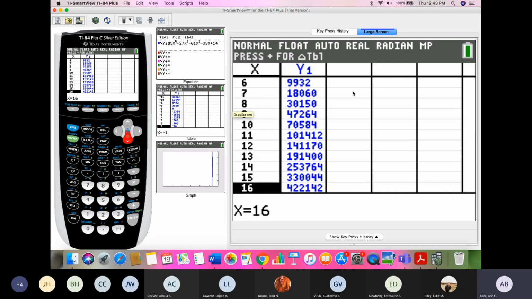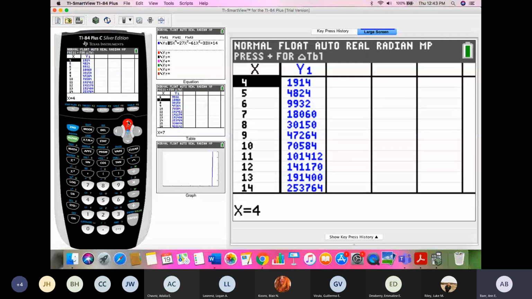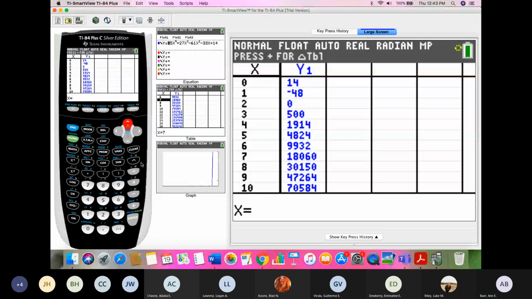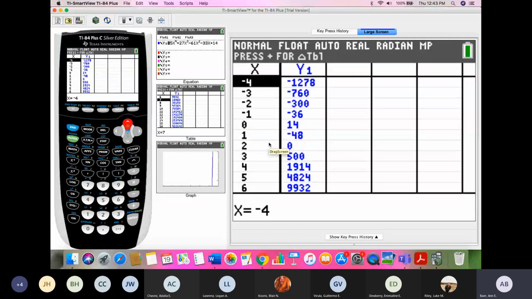If there are, let me just try something here and see if it will let me go this direction. Hopefully it will stop. I might have been going too fast. Good. So I see a 0 here.